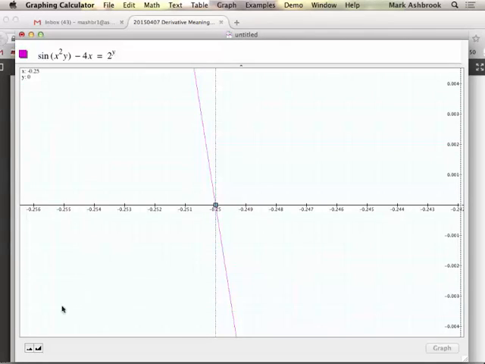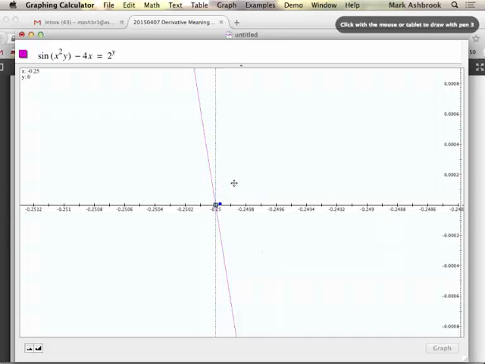So let's prove it. I've zoomed in at that point, and we'll do a change of x from here to here. I'm just going to see if it works, right? So my change of x is going to be 2.498, so I think that's positive 0.0002.